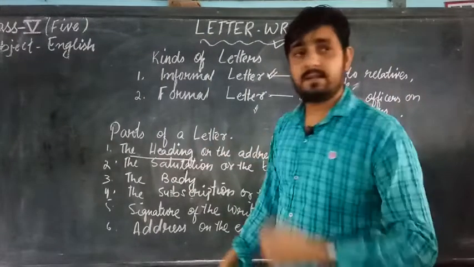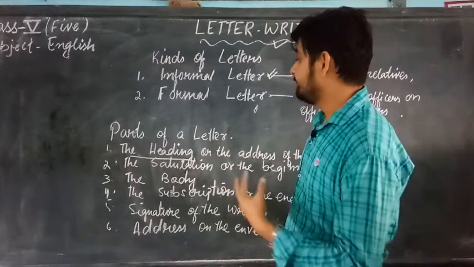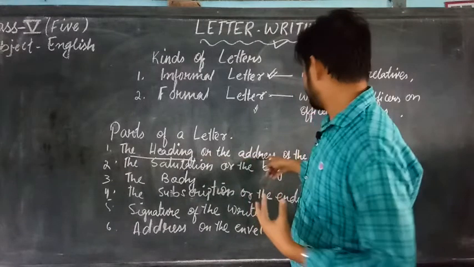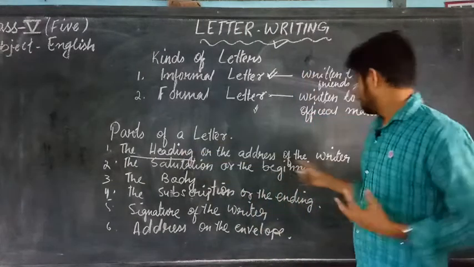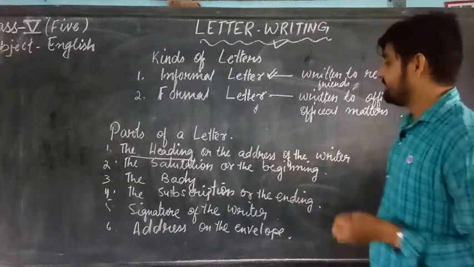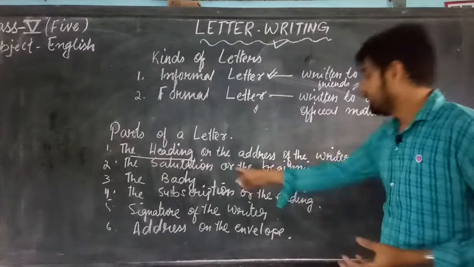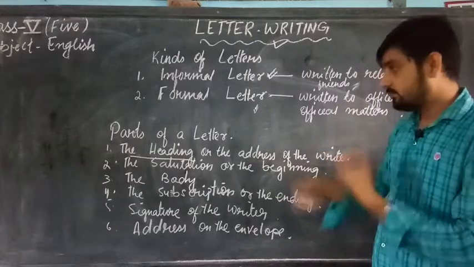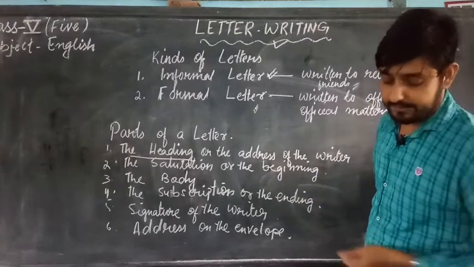At the left side of the letter, we write the address, or heading, of the writer. That is called the heading. Now the salutation. What is the salutation? It means the beginning.